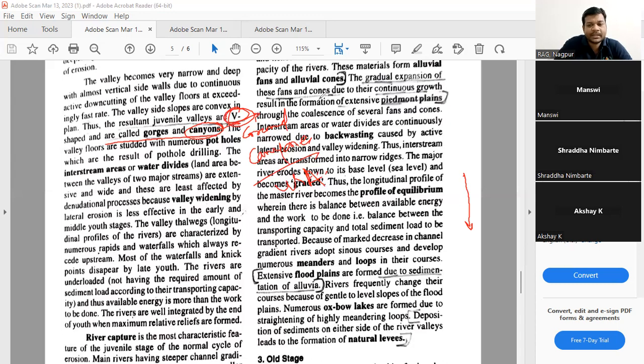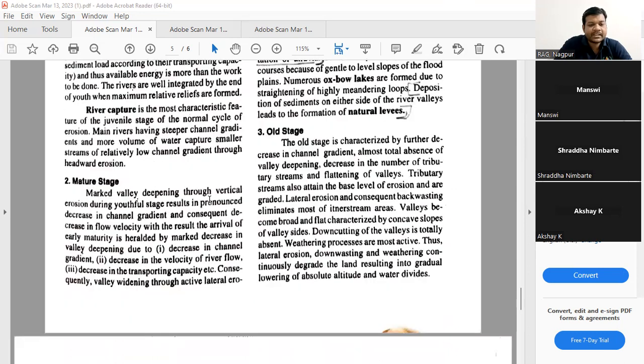Coming to the next process, that is the mature stage. Now, leaving the slope behind, the river has come into the plains. In the case of plains, there is a significant drop in the gradient like this.